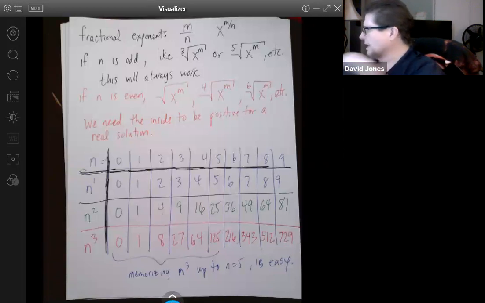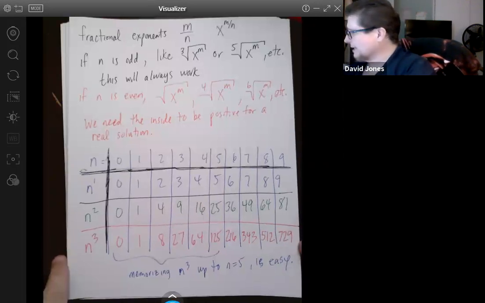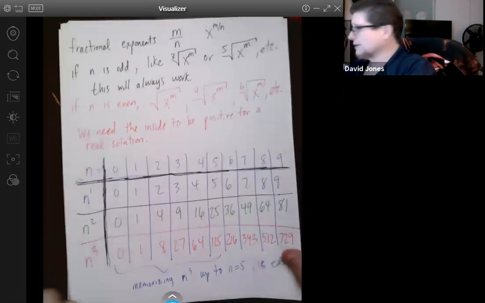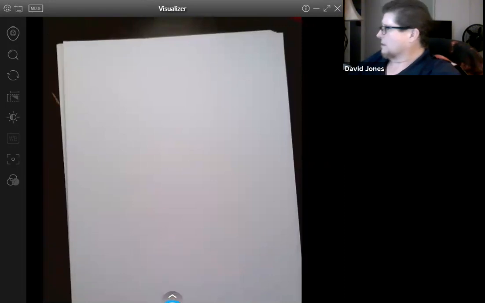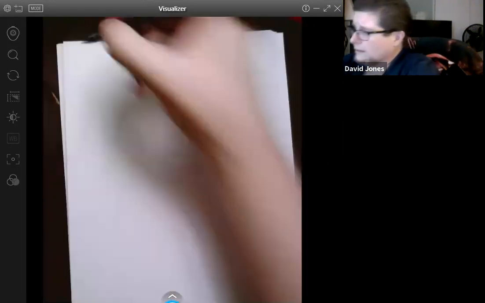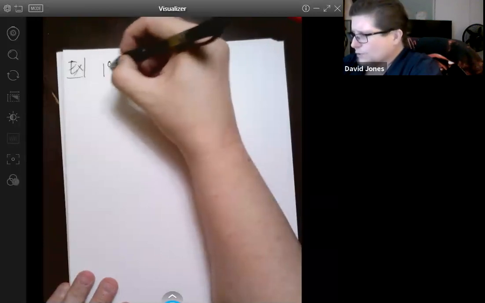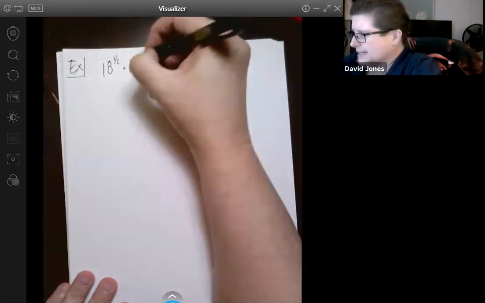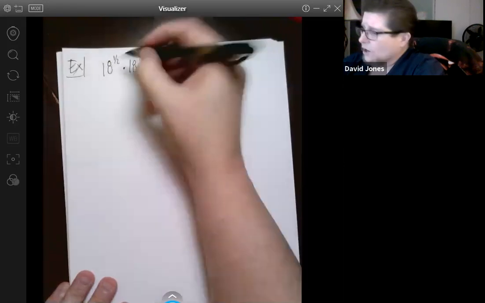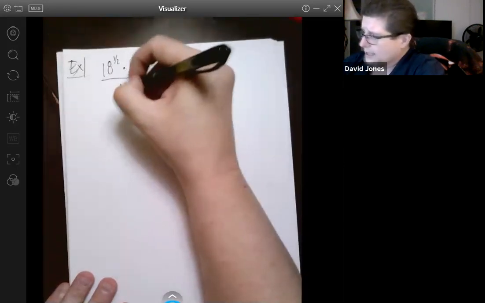So let's do some more stuff with exponents, radicals. Let's do our first example. 18 to the 1/2 times 18 to the 7/2 over 18 cubed.